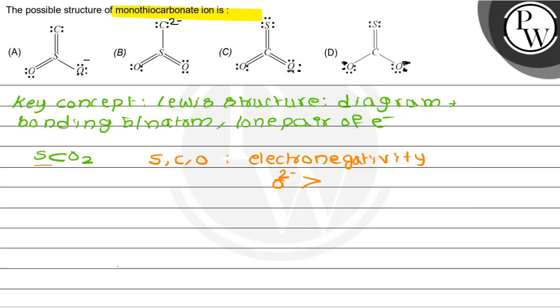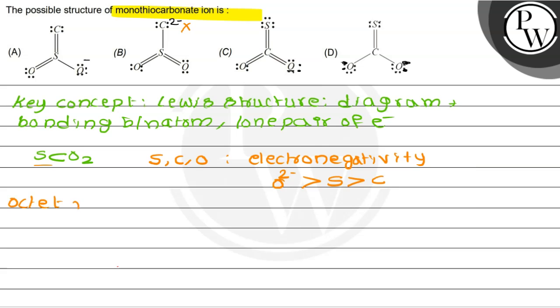So the order is: first oxygen, then sulfur, and it is least stable on carbon. In these four options, where the negative charge is present on the carbon, it is the least stable structure.